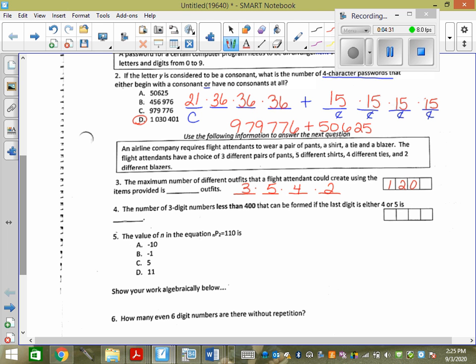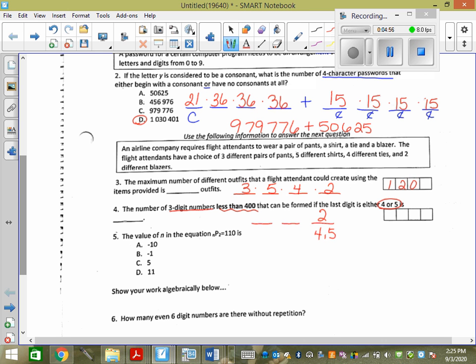The number of 3-digit numbers less than 400, so we need 3-digit numbers less than 400, that can be formed with either the last digit being a 4 or a 5. Doesn't say anything about can't repeat, right? So we can. So we go 4 or 5, which is 2.